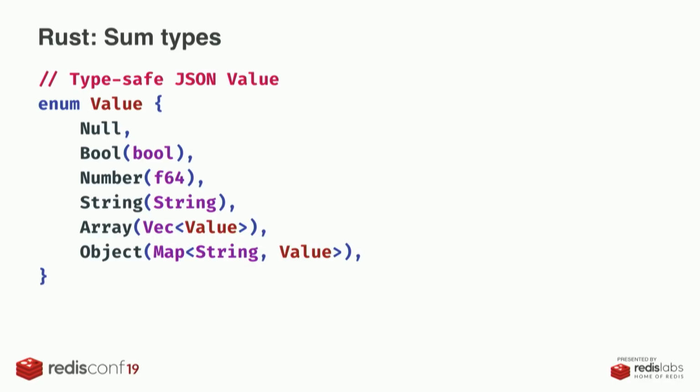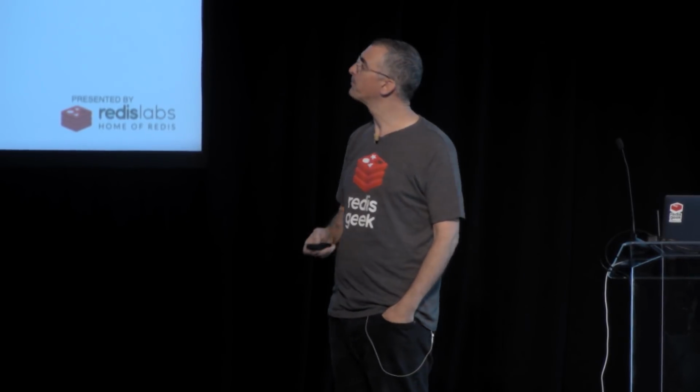So anybody who's ever used JSON is familiar with this. The sum type lets us specify alternatives, but each alternative can also include its own associated data with it. So this is a very succinct way to represent a JSON document in Rust. And actually, the standard Rust library for processing JSON uses this exact definition. I just took it from there.